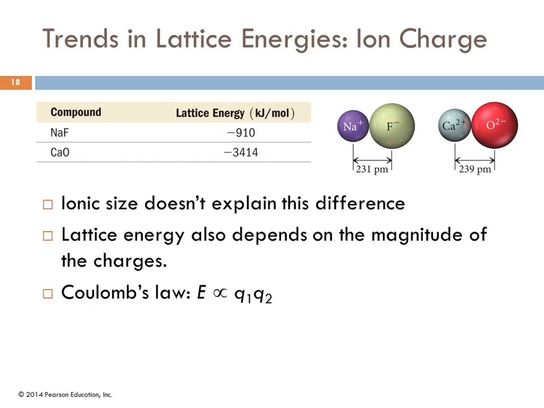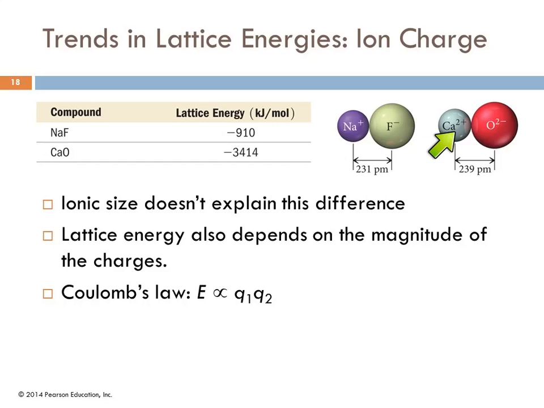The ion charge also affects the lattice energy. Coulomb's Law says energy is proportional to the product of the charges. If you've got +1 and -1, or +2 and -2, it's going to be a different amount of energy. The higher the charges, the more attraction there is. If we look at sodium fluoride and calcium oxide, the distances between the nuclei are very similar, 239 and 231 picometers.